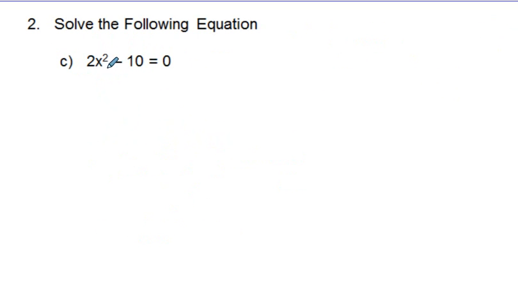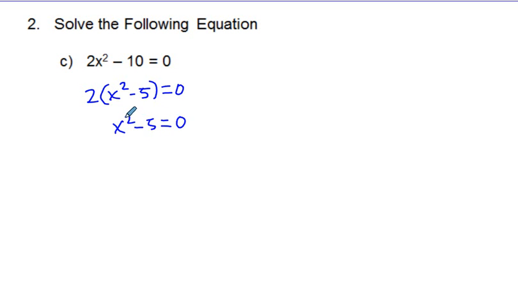So what would be our common factor between these two terms? Well, 2. So 2 times quantity x squared minus 5 is equal to 0. And as we did in problem 2a, we can just rewrite this to solve for x as x squared equals 5.